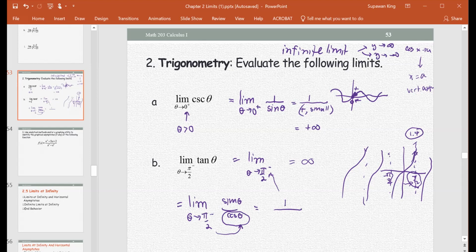For the cosine, look at the graph of the cosine. Cosine at 0 is 1, and the graph has a wave behavior similar to the sine, but starting at a different point. At pi over 2, from the negative side, the graph is coming toward the value 0, but it's positive. That means it's positive and very, very small. That returns the same result: the tangent theta approaches infinity.